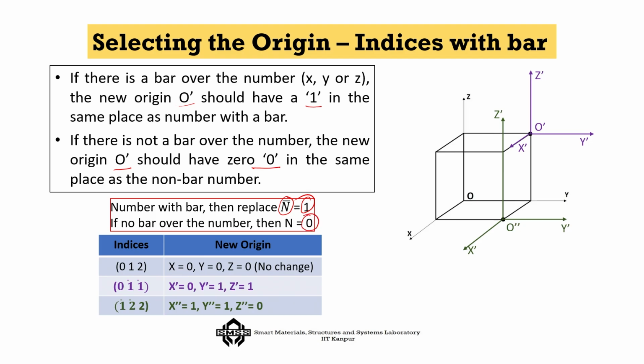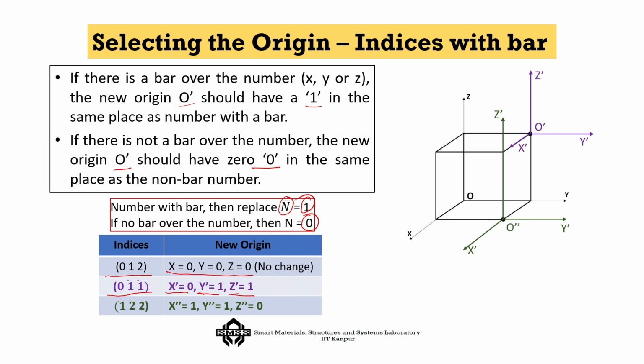For example, think of an index which is 0 1 2. There is no change, x 0, y 0, z 0 as the origin. But if you get it as 0 1 bar 1 bar, now you can shift the origin. You can consider x to be 0, no change, y bar instead of minus 1 take it as 1, and z bar also take it as 1.